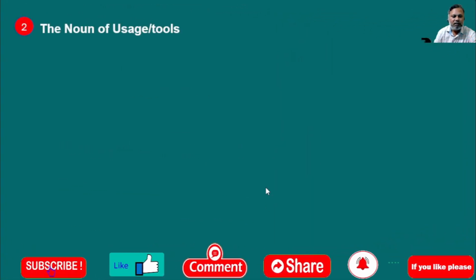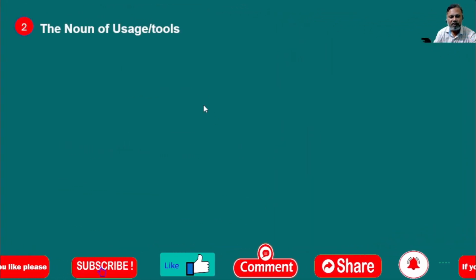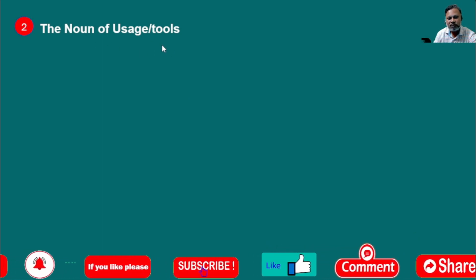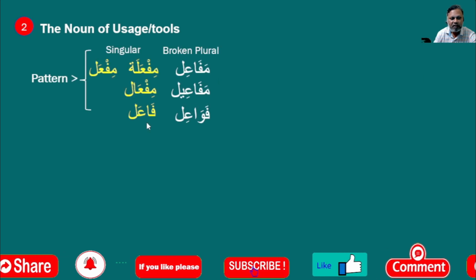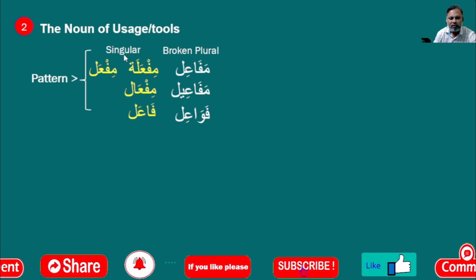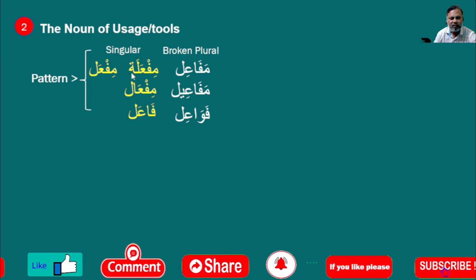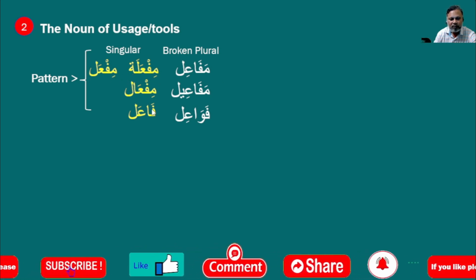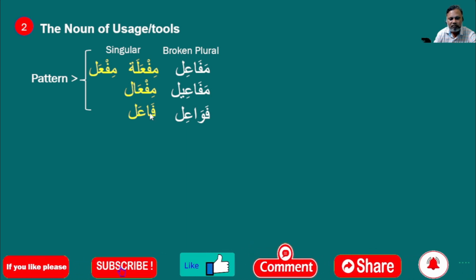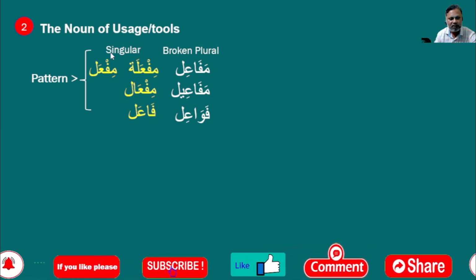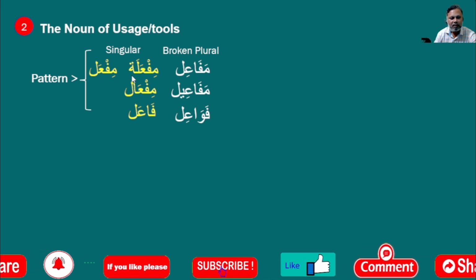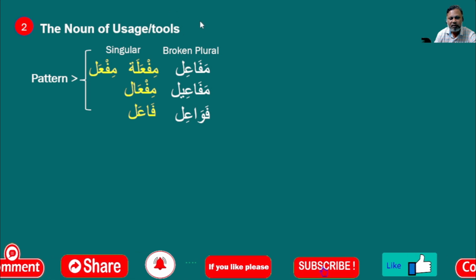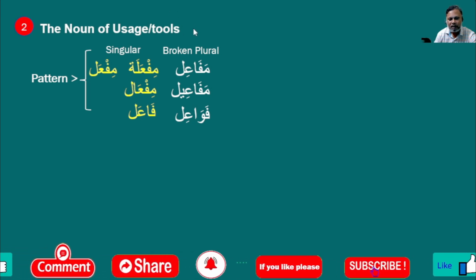Now we will see some nouns used as tools, or the nouns of instruments. There are some patterns like this. The singular patterns are mif'alatun, mif'alun, mif'alun and fa'alun. These are the four singular patterns for the nouns related to tools used to open or to work.